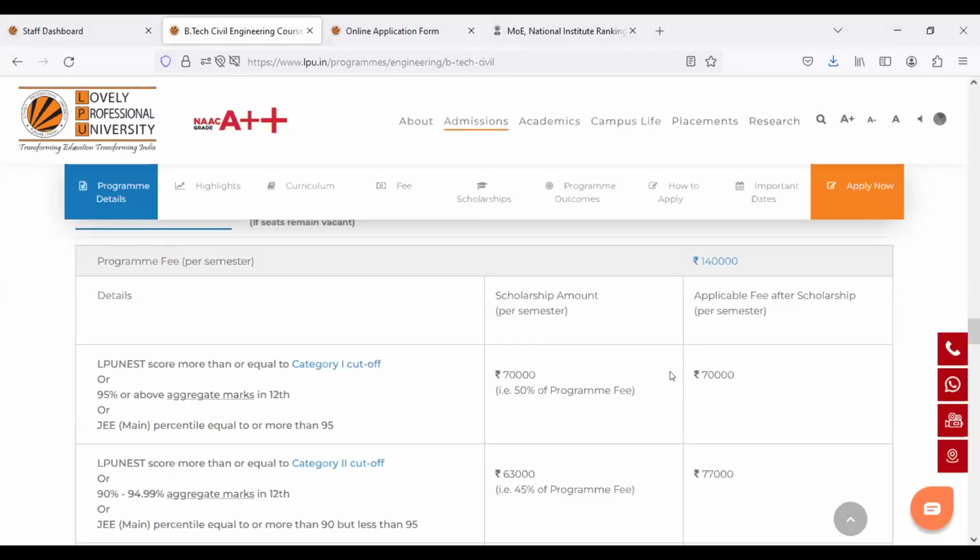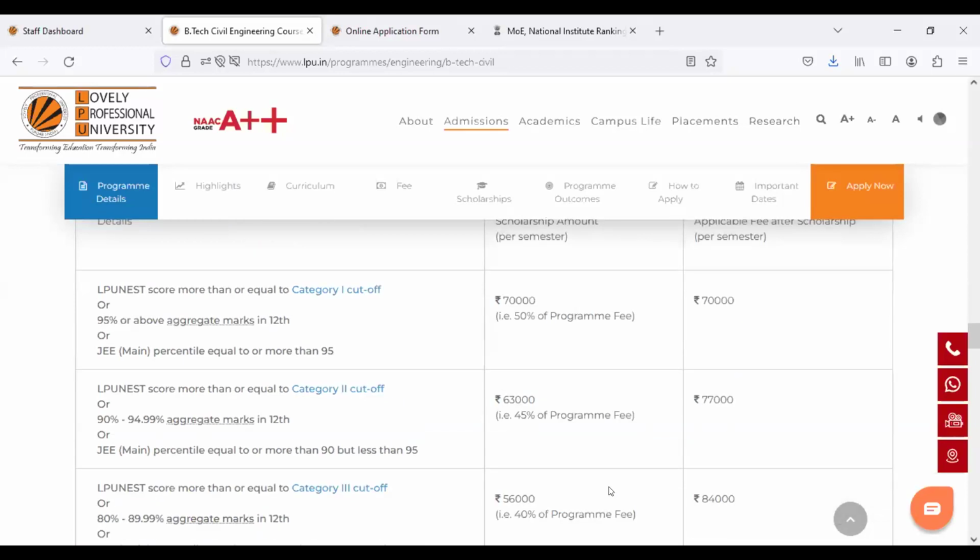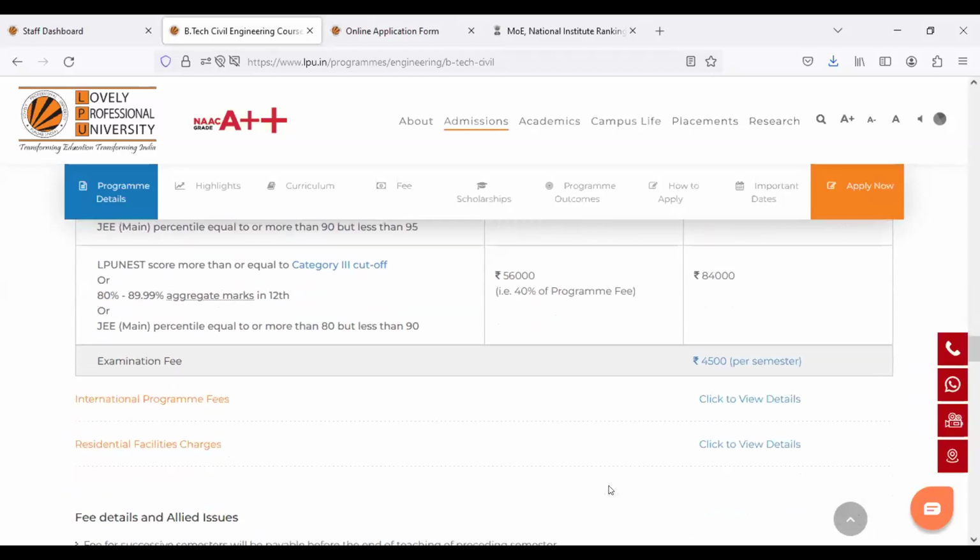And then we have other scholarship categories, that is 45%, 40%. So based upon your previous qualification, or your JEE percentile, or the LPNest exam, which you can appear for from home or at the center, based upon the performance in the LPNest you get the scholarship categories, that is category 1, category 2, or category 3.